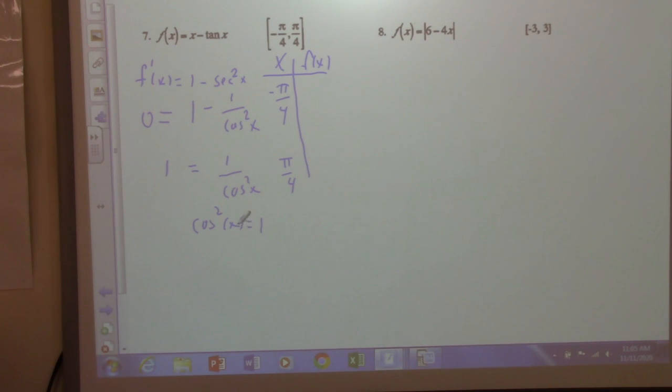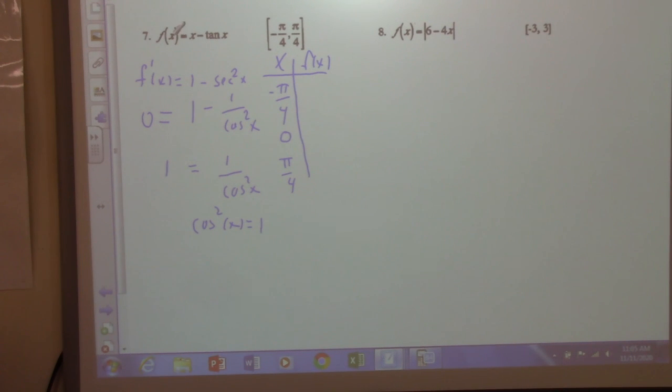And cosine x is 1 where? At x equals 0, because cosine of 0 is 1. So that's the only place in the interval. It could also be negative 1 or pi on the other side, but these are the critical numbers right here.